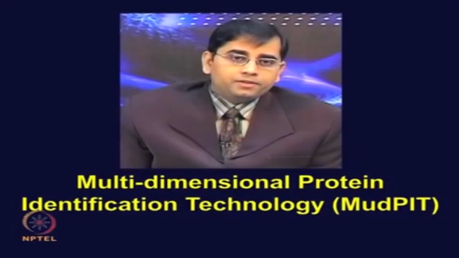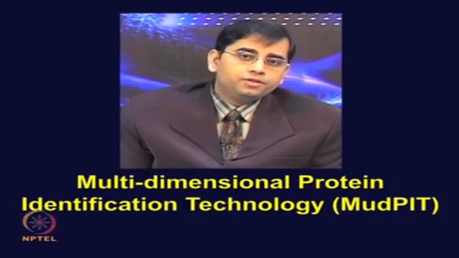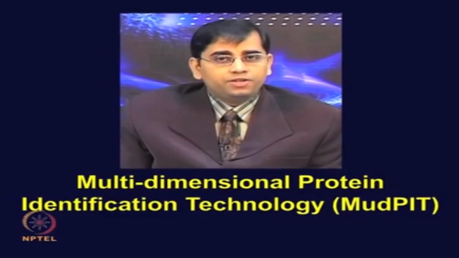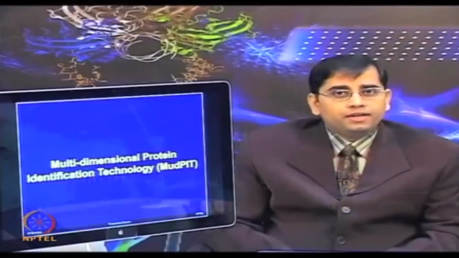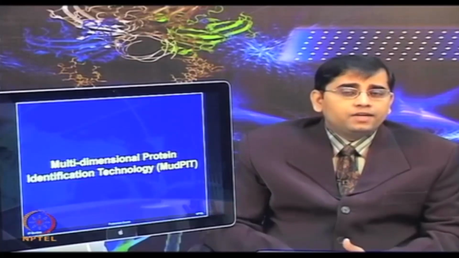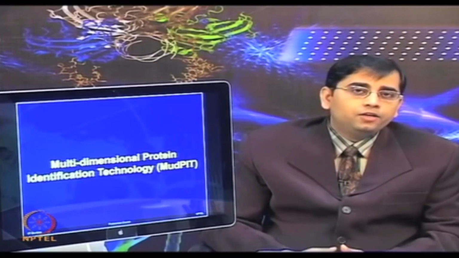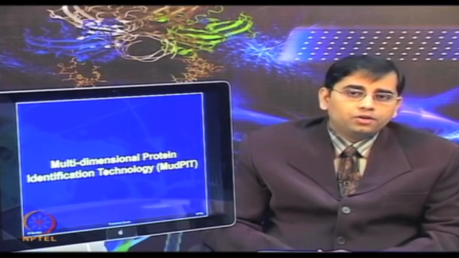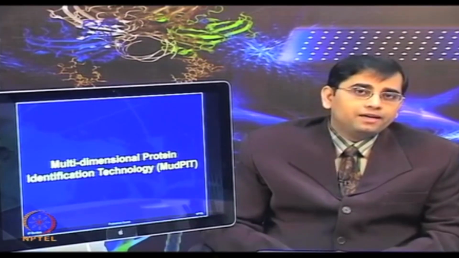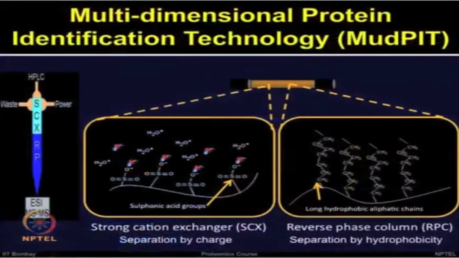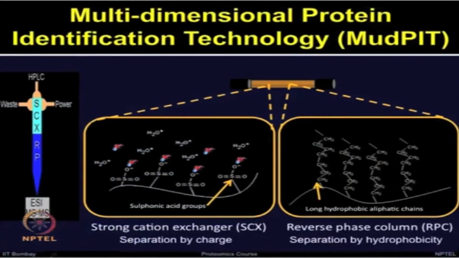So, what is MudPIT, or multi-dimensional protein identification technology? The MudPIT method combines cation exchange and reverse phase HPLC chromatographic separation of tryptic peptides for proteome-based analysis. We have already discussed two separate methods, SCX and RP.